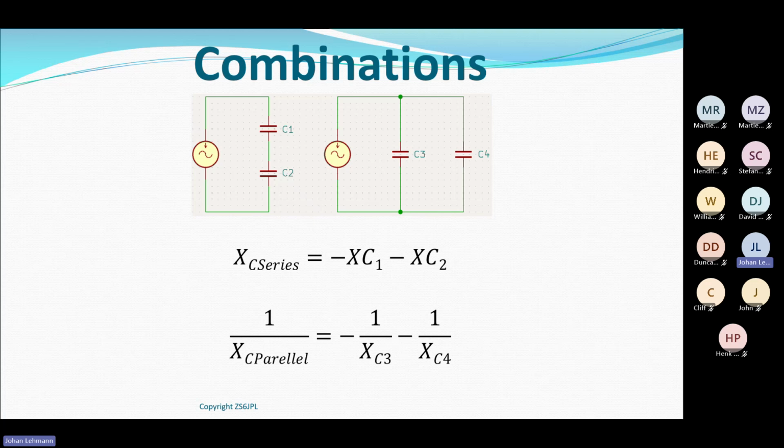If I have two identical capacitors in parallel, I use the parallel formula to calculate the reactance, and if both capacitors have the same value, the total parallel reactance would be half the value of one of them.